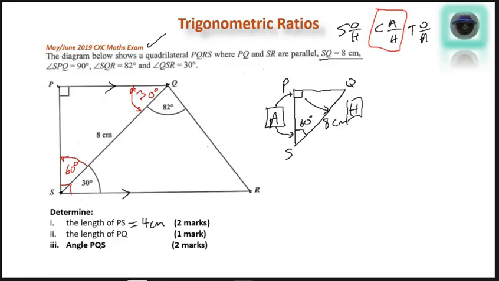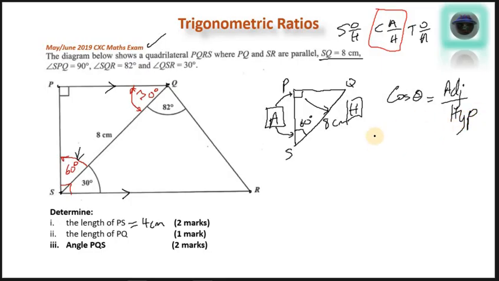And so that will be just showing you basically that we can get the same length for PS if we use this acute angle of 60 instead of the 30. And so let's continue. So we said we're going to use cosine theta is equal to the adjacent over the hypotenuse.